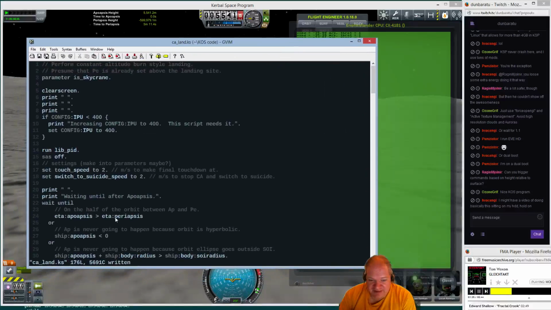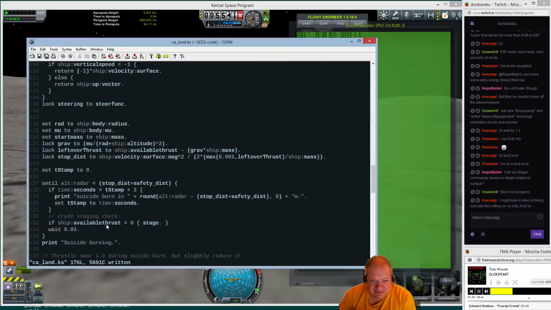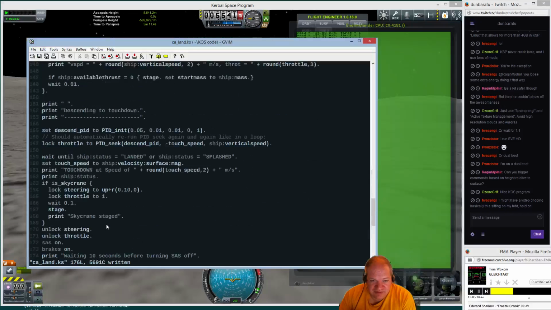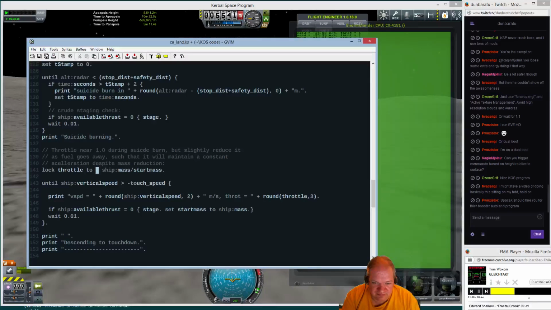And so what I had done to try to fix that was this. And that seems to have the opposite problem of taking just a hair's breadth too long.